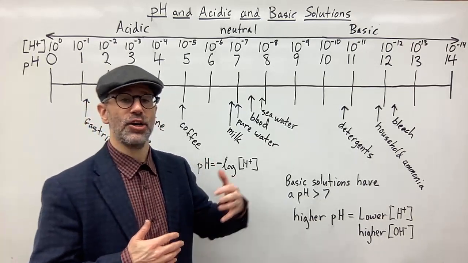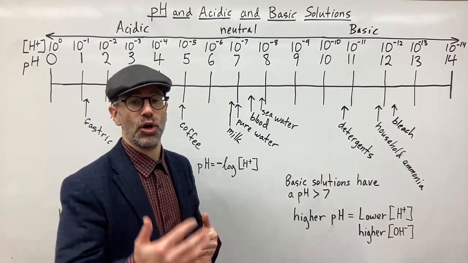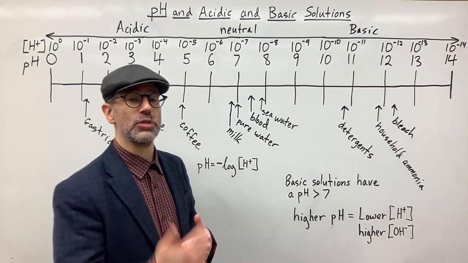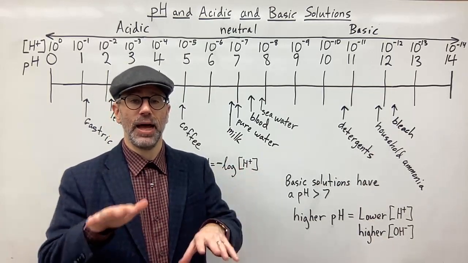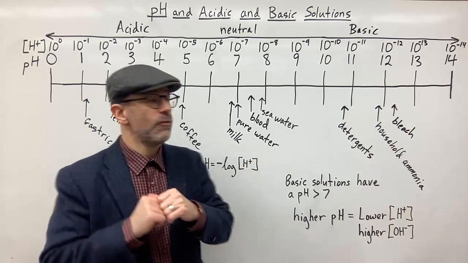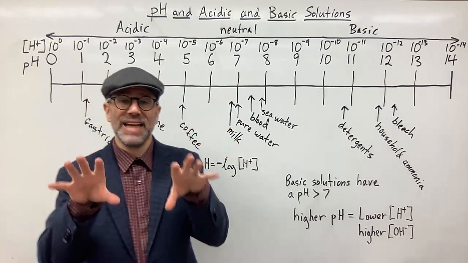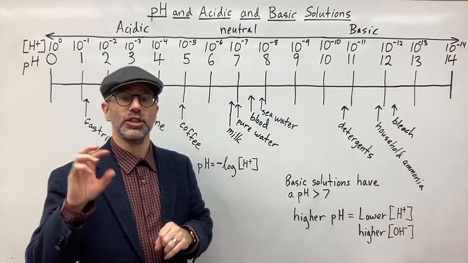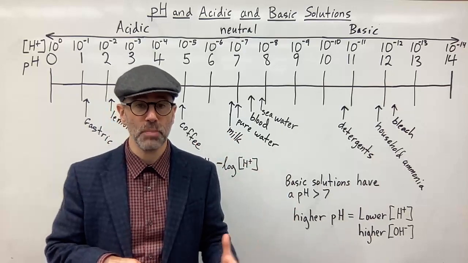So the higher your H plus concentration is, that means the lower your hydroxide or OH minus concentration is. So they work together in a balance. For pure water, where you have a pH of 7, they're exactly equal. So the concentration of H plus is going to be equal to the concentration of OH minus.